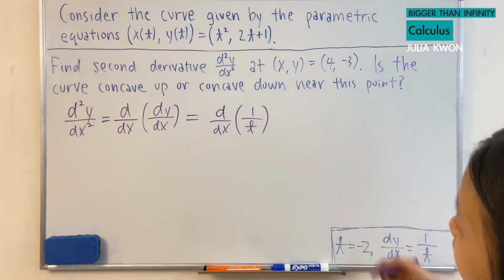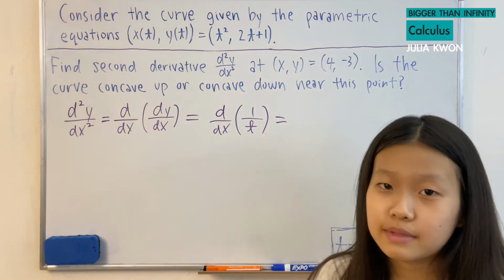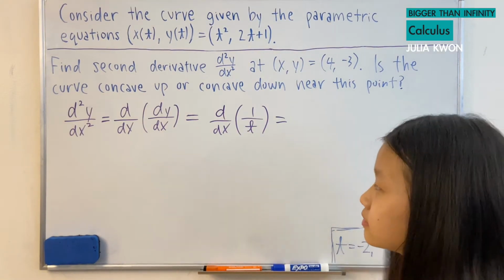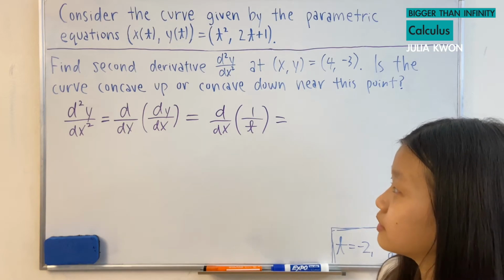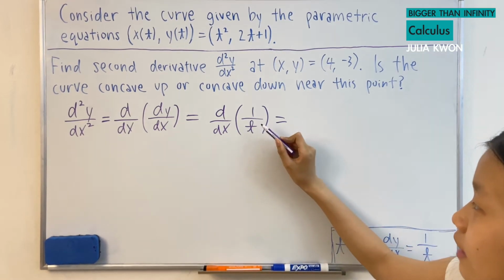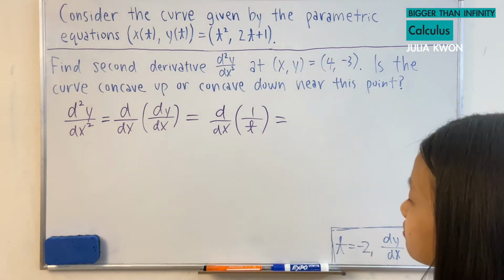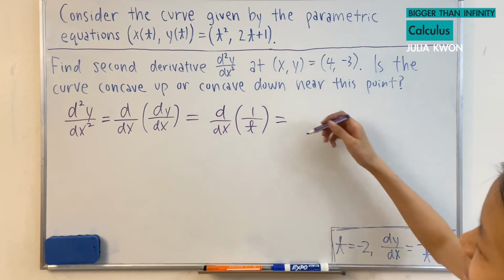And also, what does d divided by dx mean? Well, it basically means we're taking the derivative of something in terms of x. But since we have 1 divided by t, which is in terms of t, we can't take the derivative of it in terms of x.